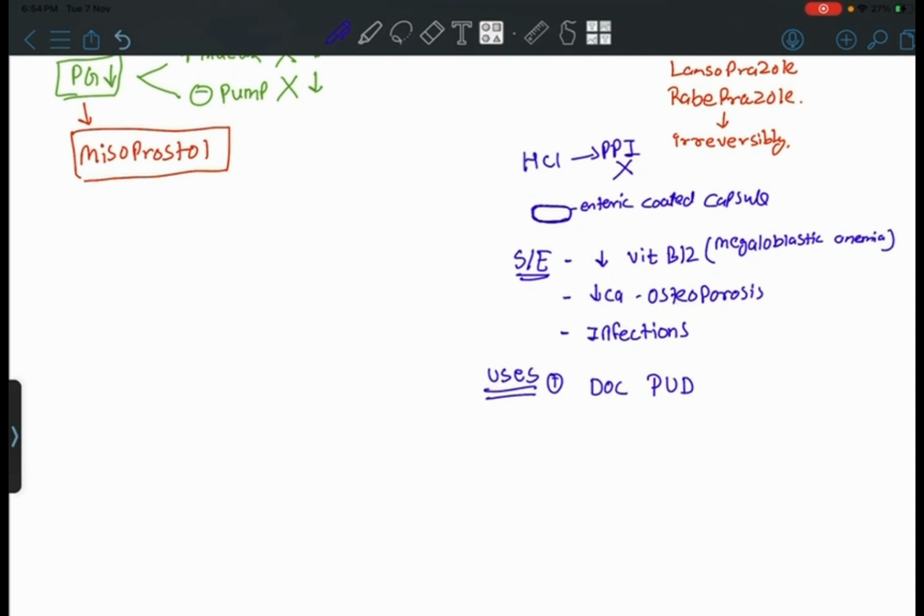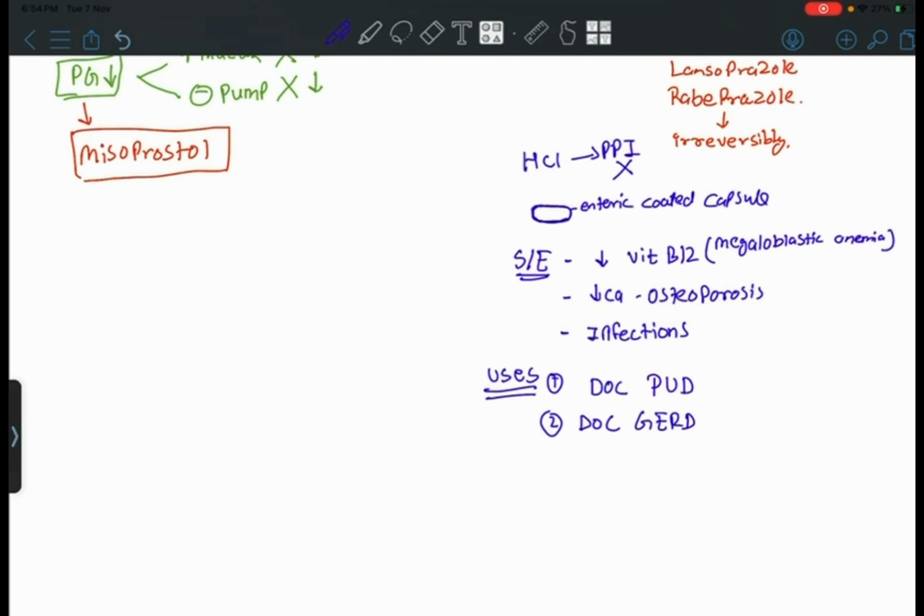Then it is also a drug of choice for GERD, the full form of which is gastroesophageal reflux disease.